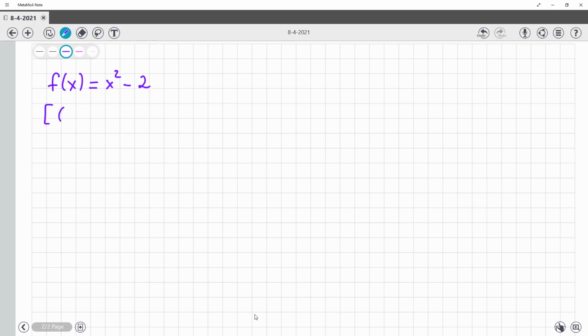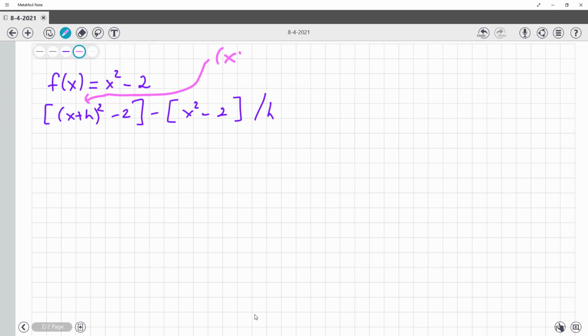So where I see x, I plug in x plus h. And then where I see x, and you notice me using these square brackets. I do this because I want to make sure that I am distributing that negative sign. And hopefully you kind of sort of remember that this is FOIL.